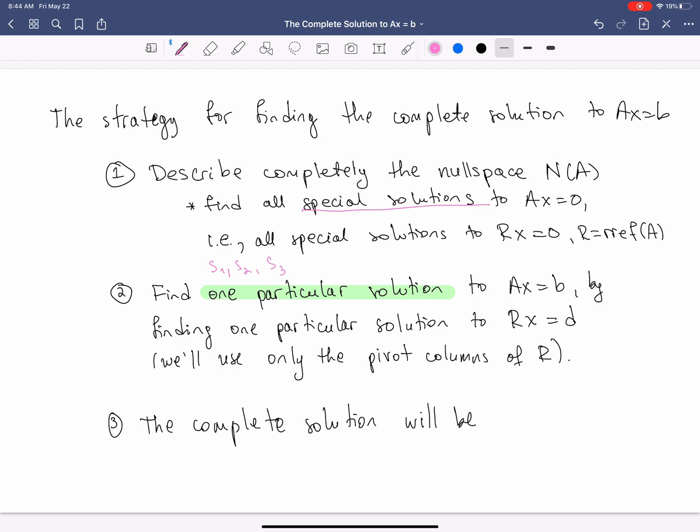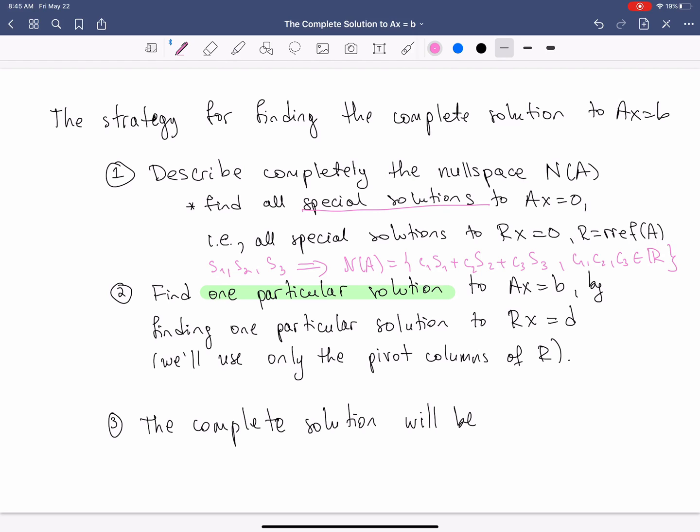Then the null space of A is the set of all combinations c1 S1 plus c2 S2 plus c3 S3, where c1, c2, c3 are some numbers in the set of real numbers, or just some scalars.